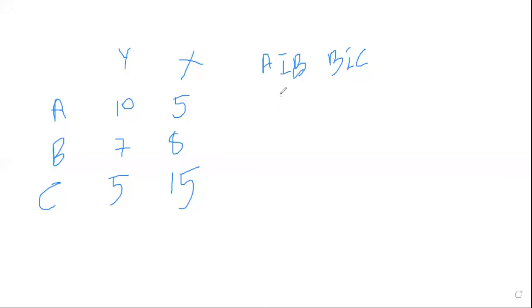Now, if we plot these points on an X and Y quadrant, with Y here and X here, point A, point B, and point C will all be on the same curve.